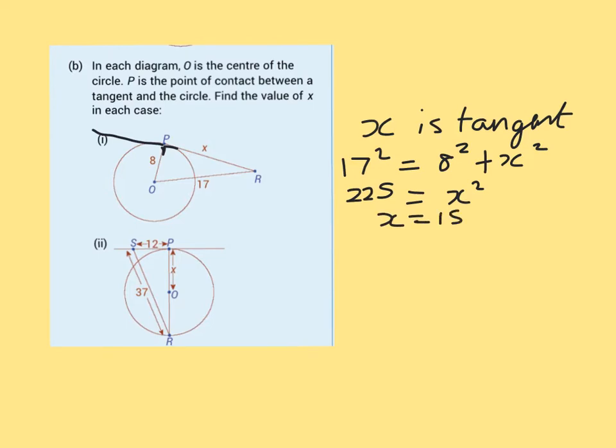Okay, when we look at the second question, we're going to obviously use that knowledge again. So we now can look at this and we can say this is a right angle triangle because that line that's extended beyond S and P is a tangent line.